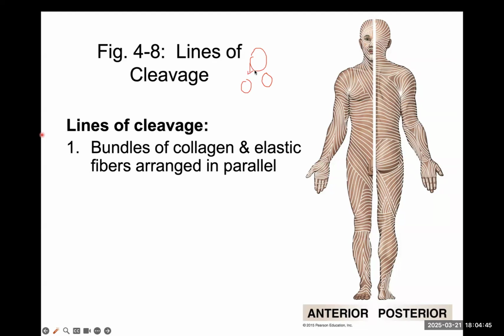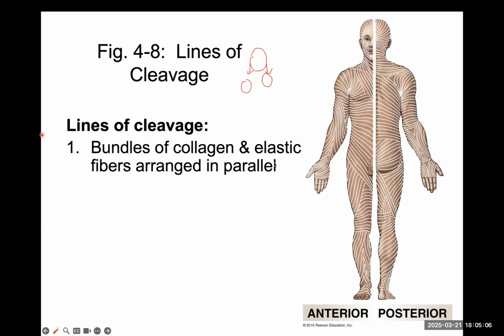So maybe this one cell becomes two cells. That's cleavage or cleaving. So cleavage means to split. So these lines of cleavage are going to split one bundle of collagen from another bundle. So they're going to go in different directions, depending on what part of the body you're in.